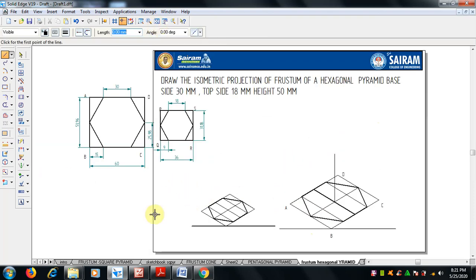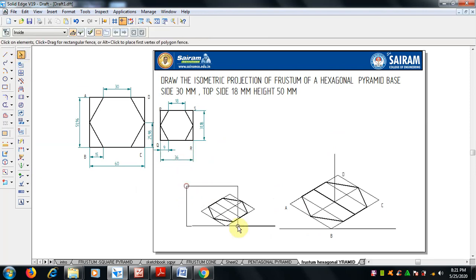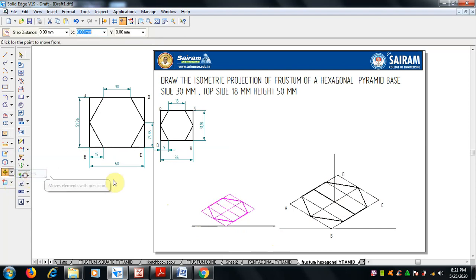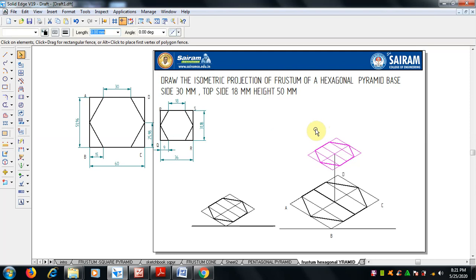Just select this, and the same, it should not get rotated, the same way how it is there, go move from this center point to here. So that is over. Now we can delete this.